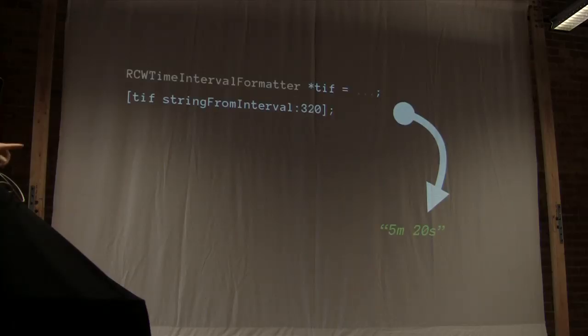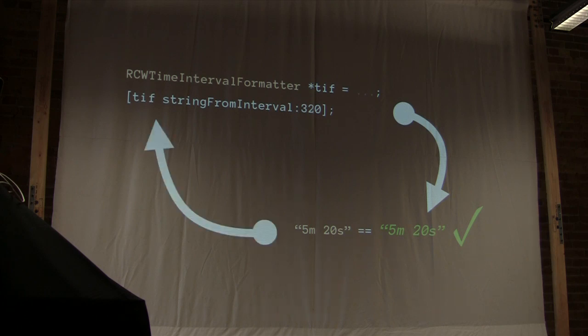We'll create an object that when you instantiate it, you can pass in a number of seconds to a method, and boom, out comes a string looking something like this. Here we see 5M20S. Now we want to make sure that if we ever pass in 320 to this method, we get this output. So we write a test that makes an assertion that says this should never change. Lo and behold, this test passes. Go figure.